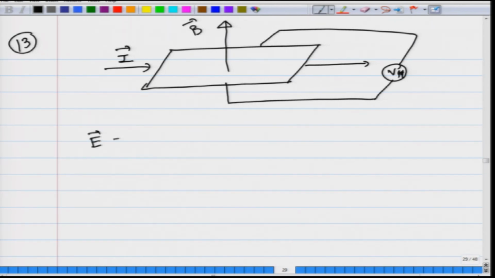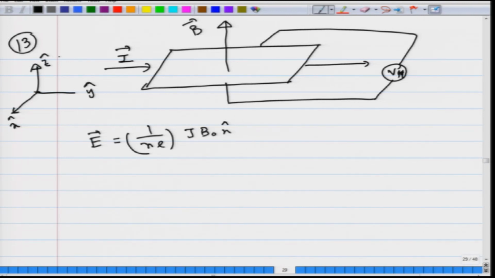The electric field will be 1 by NE J B naught x cap plus m by n e square tau J y cap.